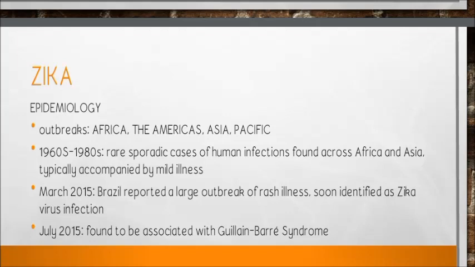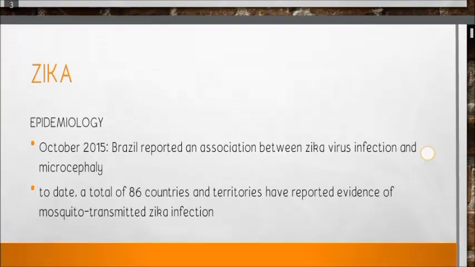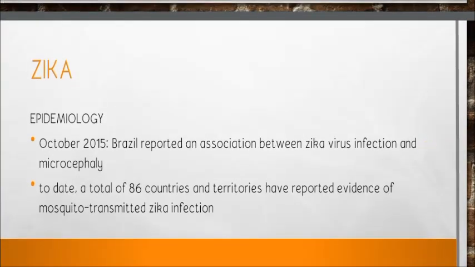Then when July 2015 came, there was an outbreak of Guillain-Barré syndrome, which was found to be associated with Zika virus also. As of October 2015, Brazil reported an association between Zika virus infection and, this time, microcephaly.